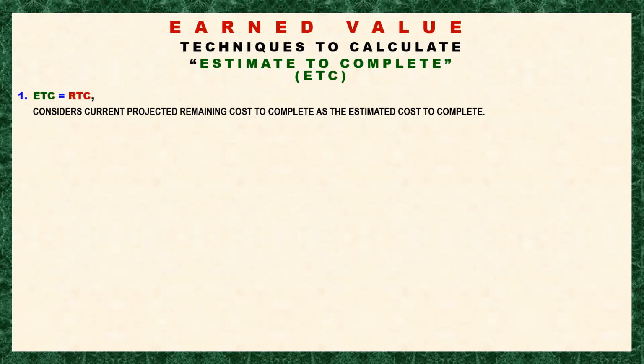So meaning in this technique, we actually have to do the estimate for the remaining works to be done. That will include all the scope or the unforeseen items which we need in the future.